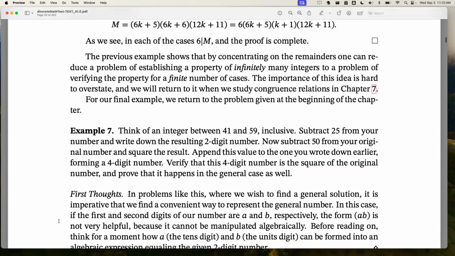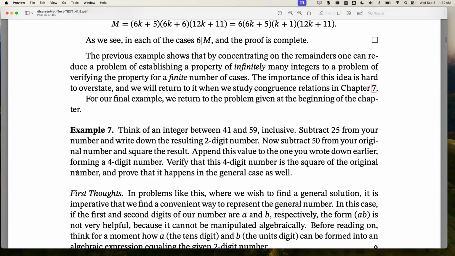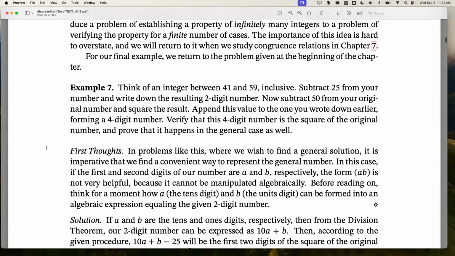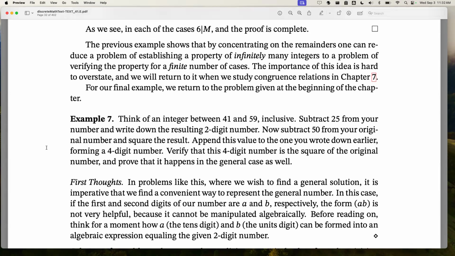So I want us to focus on two similar ones. There's example 7, on page 19, which is: think of an integer between 41 and 59 inclusive, subtract 25 from that number and write down the resulting 2-digit number, then subtract 50 and square the result.